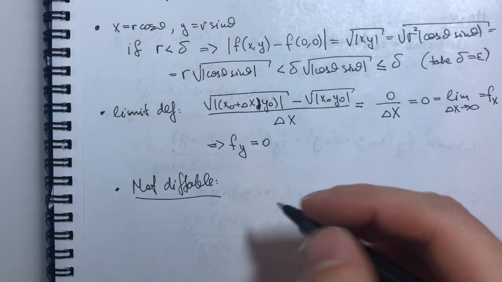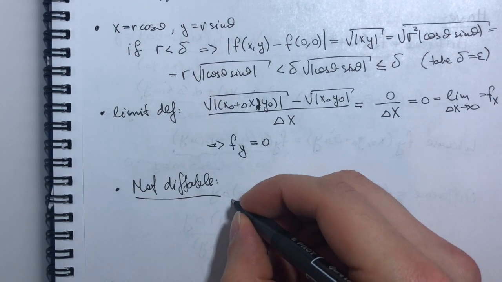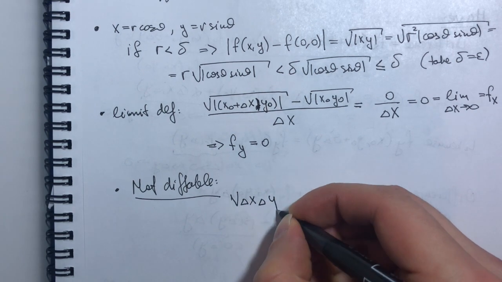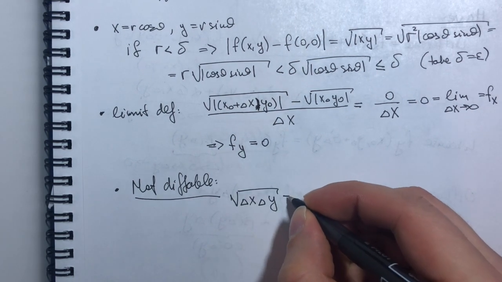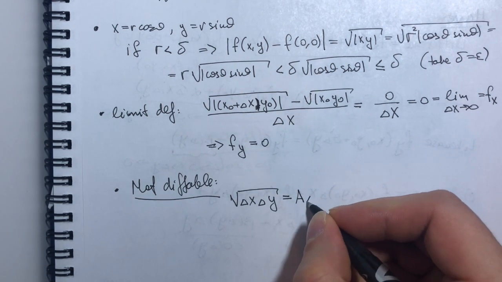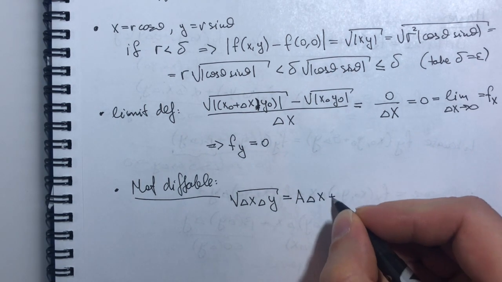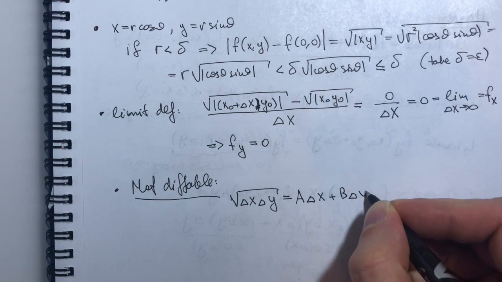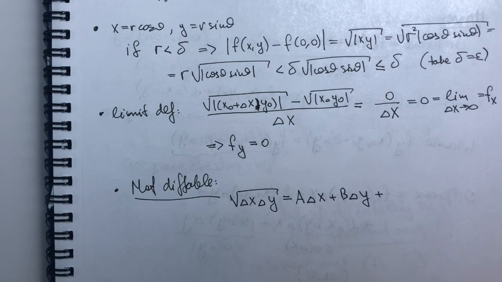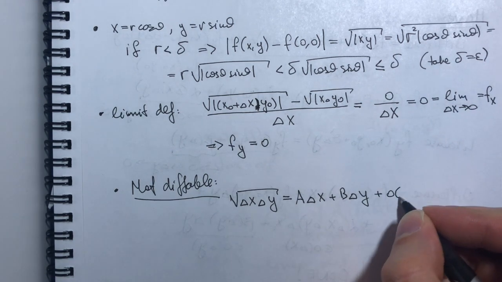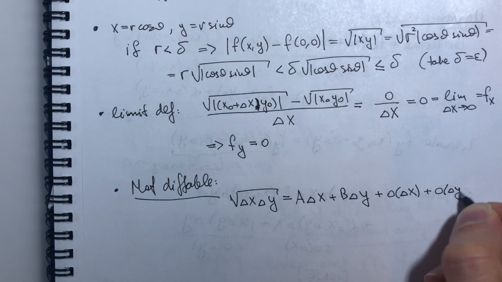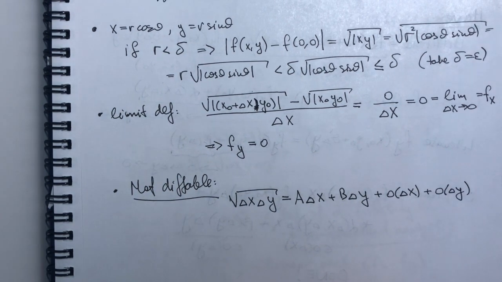So suppose that we can calculate this value with a times delta x plus b times delta y plus some functions that depend on delta x and delta y and which decay faster than delta x and delta y.